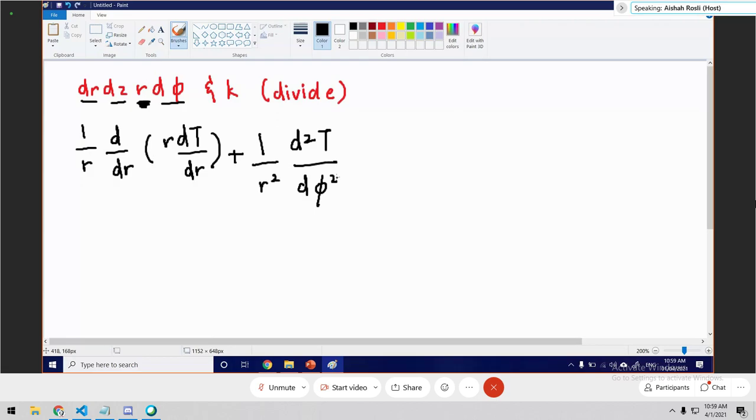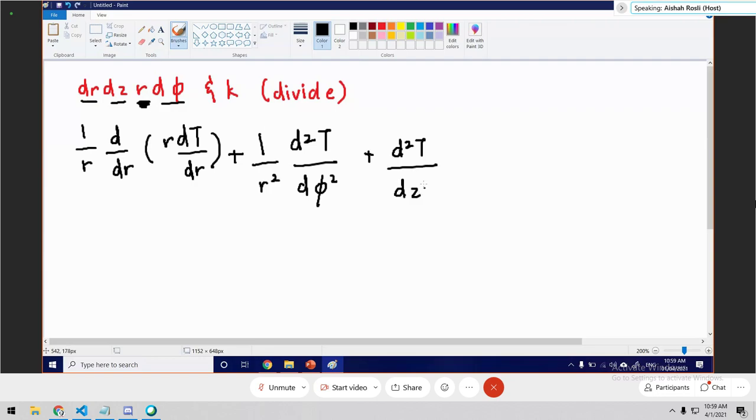If you try it out later, you will remember that for the phi direction, we already have k over r. So when we divide by k it is cancelled out, but 1 over r, when we divide again by r, becomes 1 over r squared. Plus d squared T over dz squared.